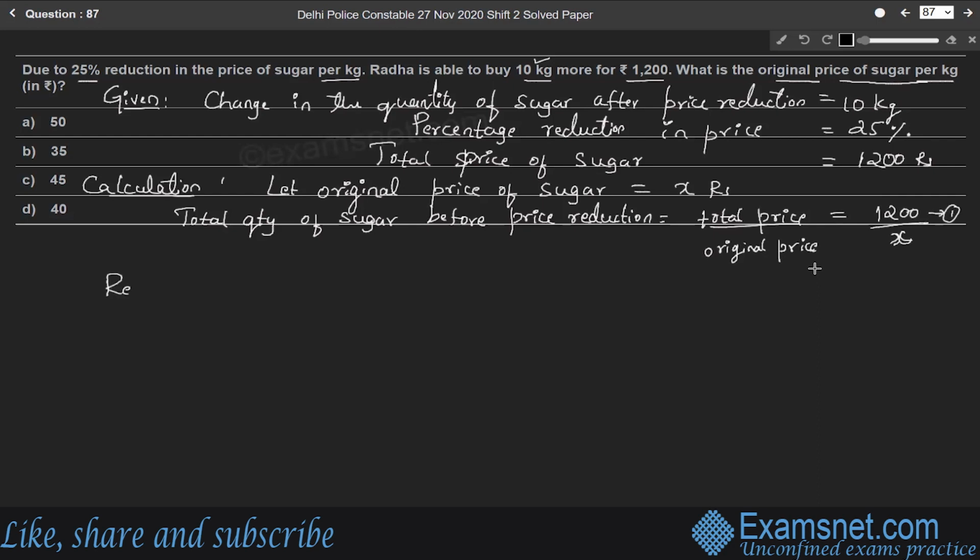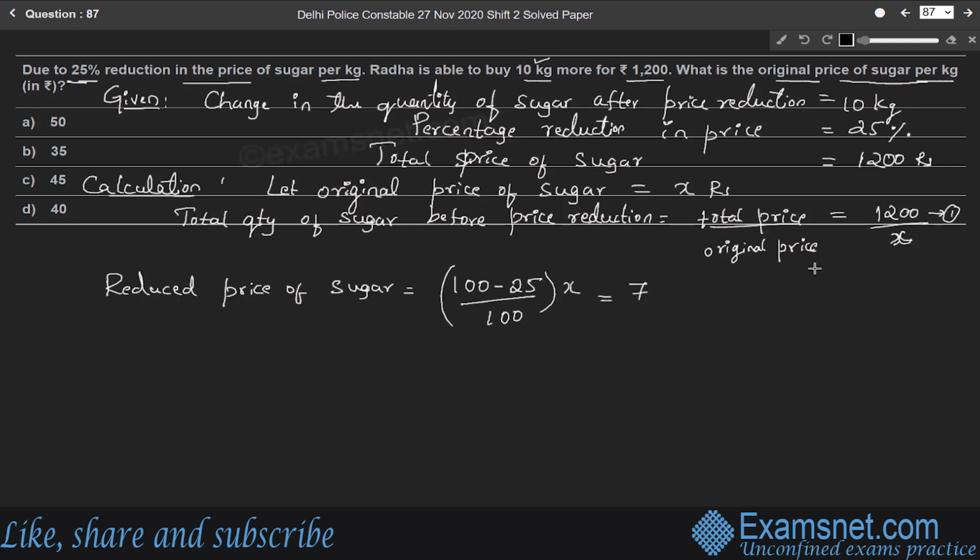So what is the reduced price? Reduced price of sugar. According to the question, 25% reduction in the price. So in 100, if 25% is taken out, then the remaining part will be 100 minus 25 out of 100, into the original price.